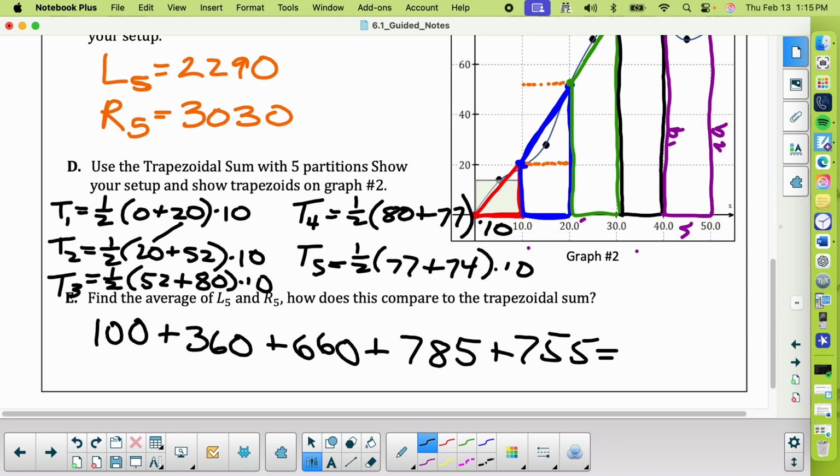What is it? 2,660. I don't know. I mean, it's 2600 something. This homework won't be difficult. Slightly annoying.